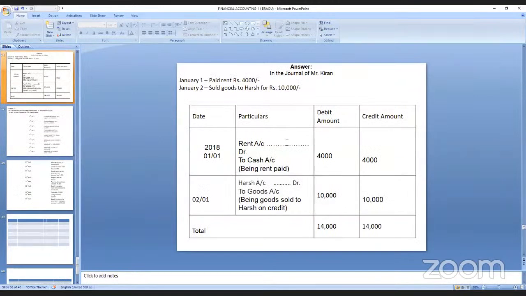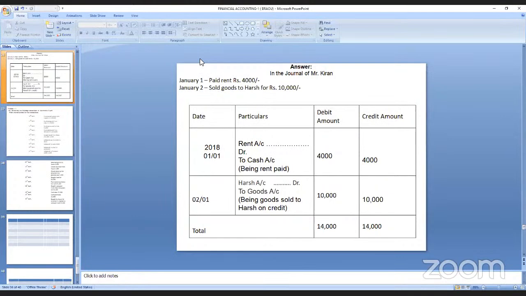Now, a small problem. January 1st, paid rent 4,000. January 2nd, sold goods to Harsh for rupees 10,000. What will be the entry? You are paying rent in cash.